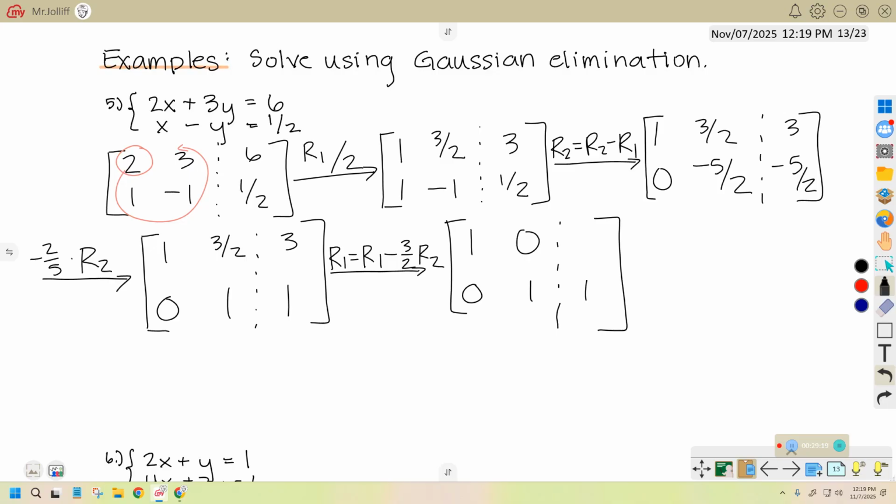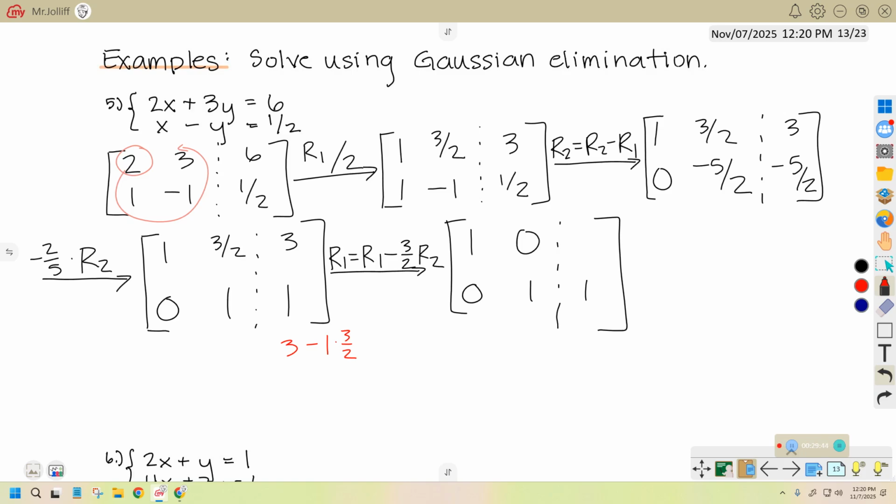Okay, next one. We have 3 minus 1 times 3/2. And I'm going to write that down here. So I have row 1 was 3 minus 1 times 3/2. If I wanted to write 3 in terms of halves, what is 3 times 2? 6.